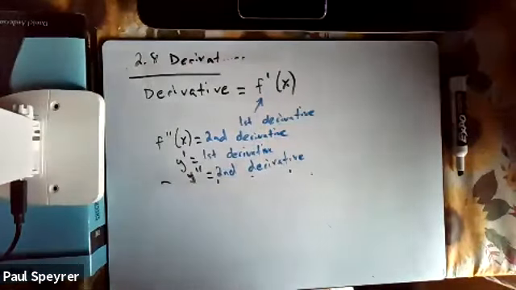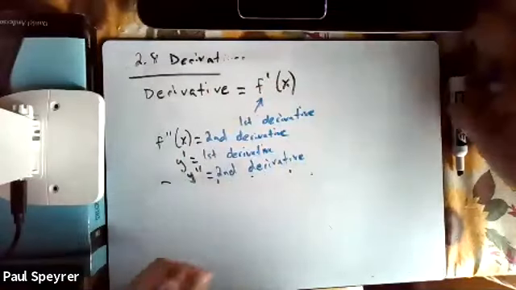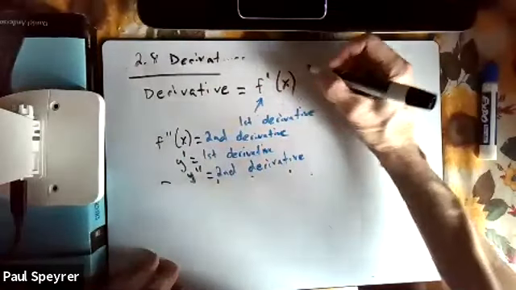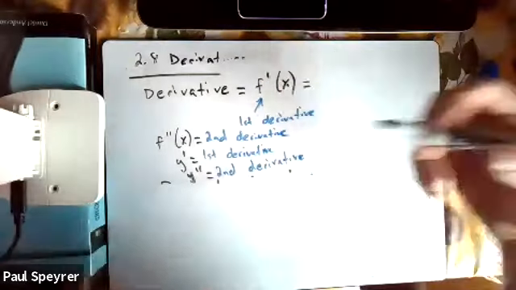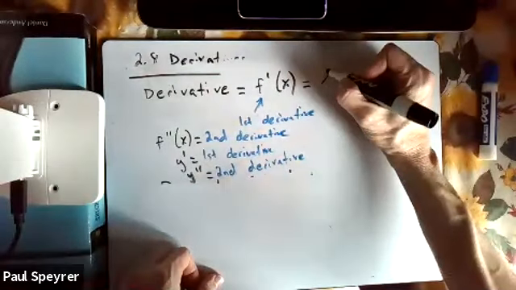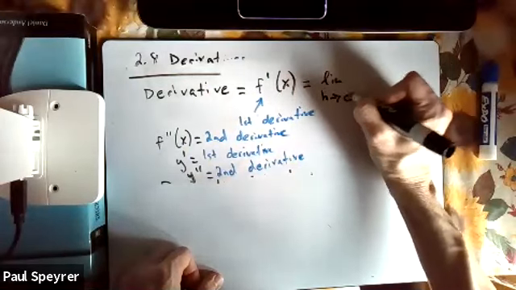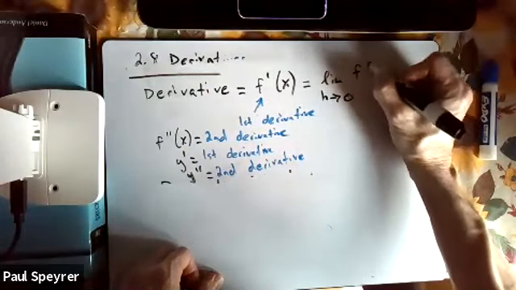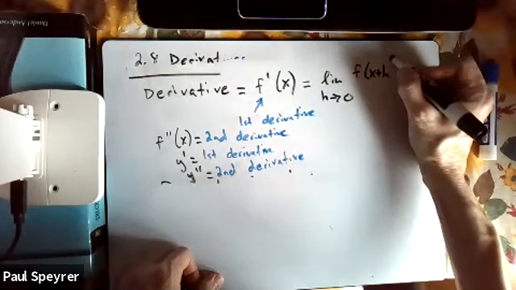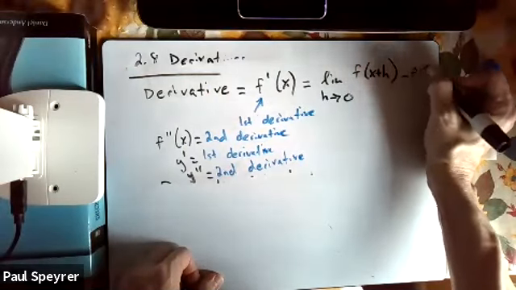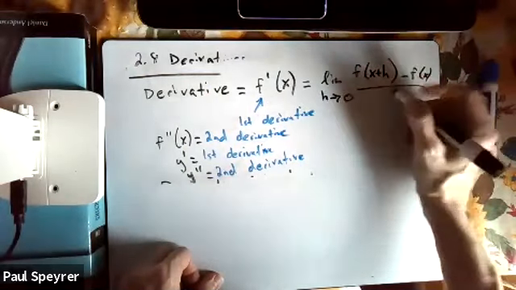Now coming back to this formula for the derivative, instead of x approaches a with our limit, we have the limit as h approaches 0 of f of x plus h minus f of x over h.